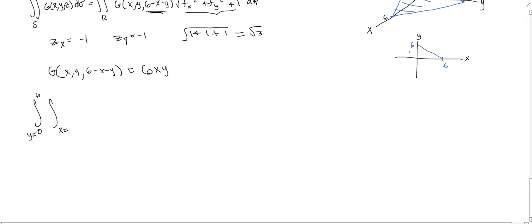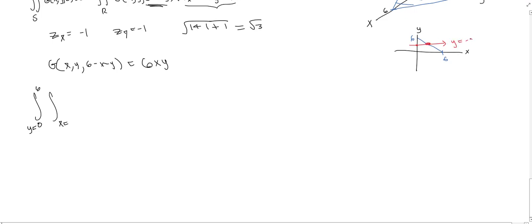So we would be entering our region when x is 0 and exiting at this line, y equals minus x plus 6. Let's go ahead and solve it for x. So we have x equals 6 minus y. So our limits for x go from 0 to 6 minus y. And our integrand is just 6xy square root 3 dx dy. Okay, so that's our setup.